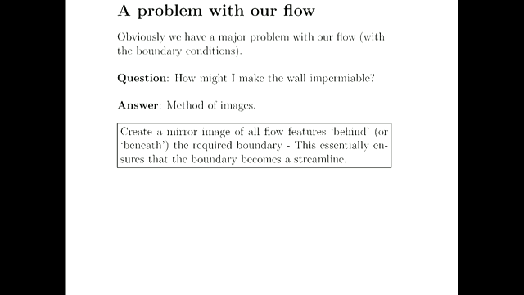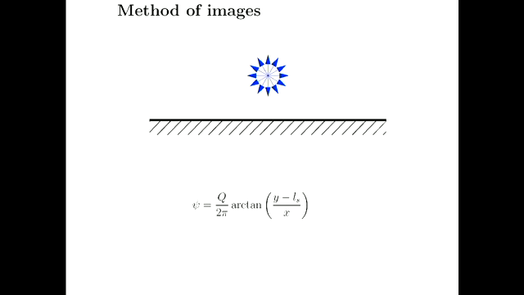And what do we know about the flow along a streamline? What do you know about the flow normal to a streamline? It's 0, right? So if we can make that solid boundary into a streamline, then we can make it impermeable, which is exactly what we want to do in this case, okay? So this method of images is very, very straightforward.